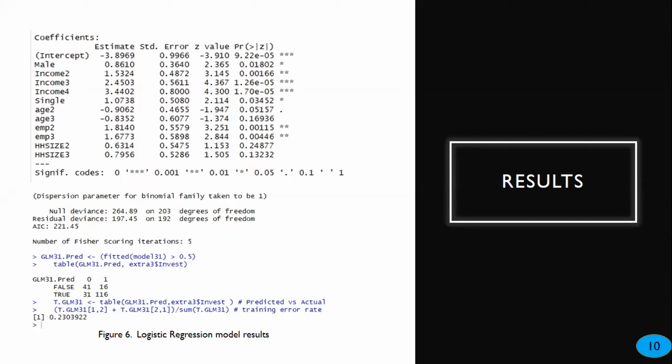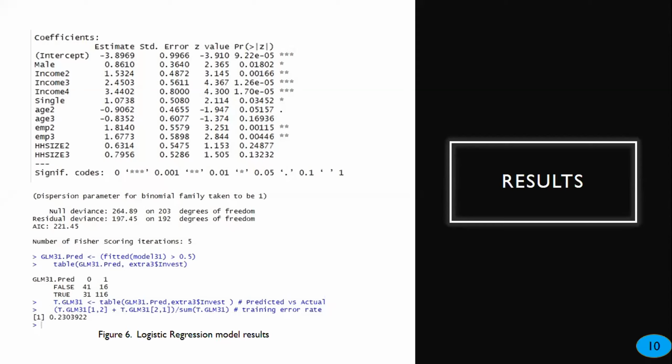As you can see, in my logistic regression model, income has the most significant effect on people's investment decision, and then we have employment status, and then being male and being single.